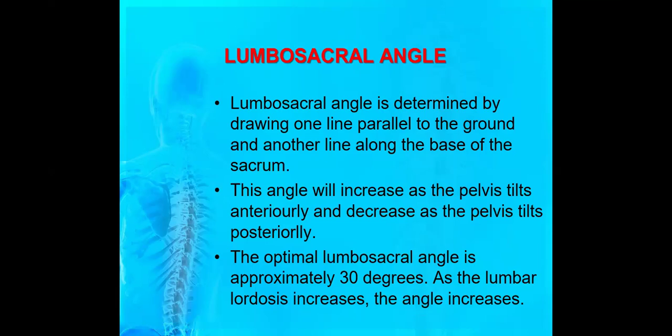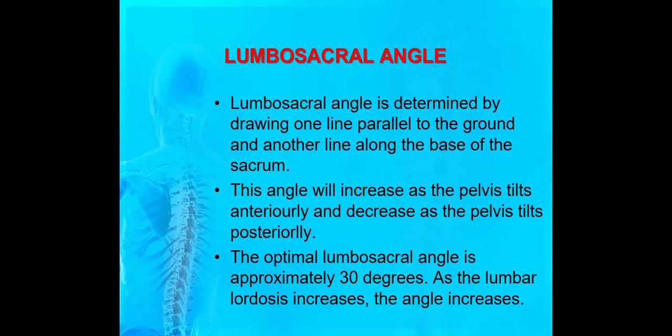Similarly, there is also a direct relationship of the lumbosacral angle with the lordosis. If there is too much lordosis, there will be an increase in the lumbosacral angle more than normal, and if there is less lordosis than normal, then there will also be a decrease in the lumbosacral angle.